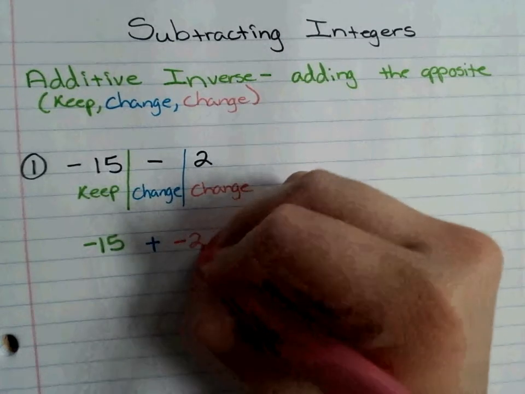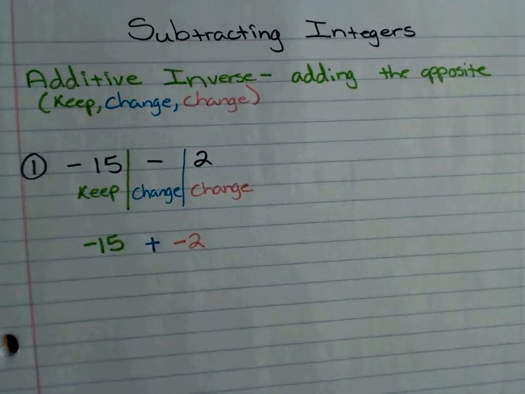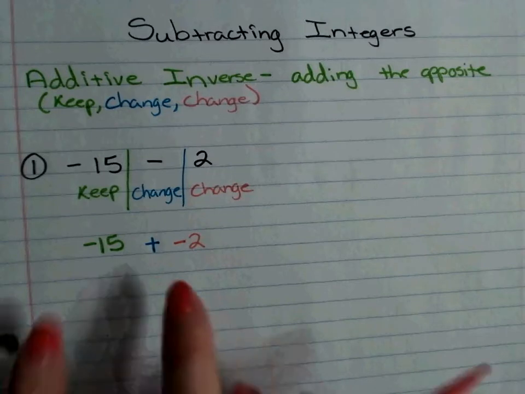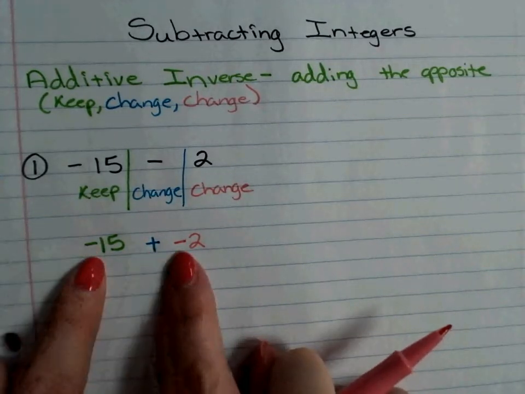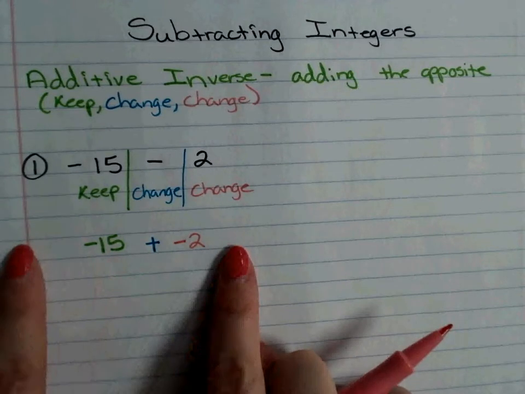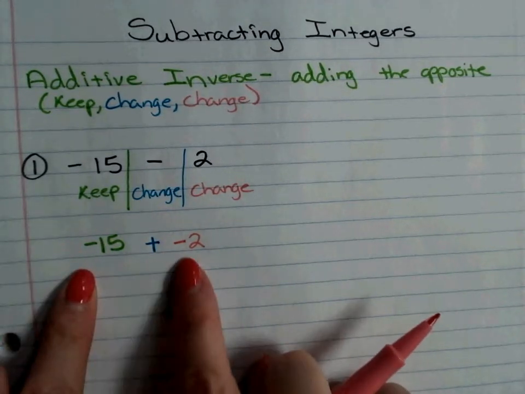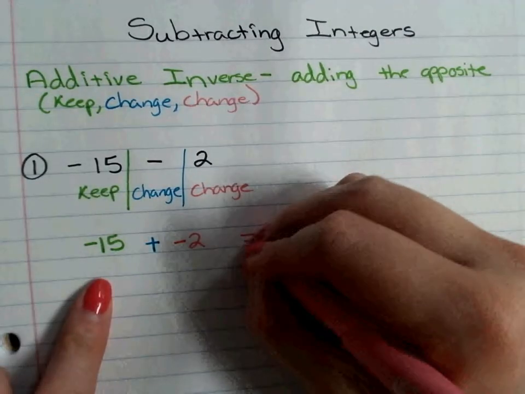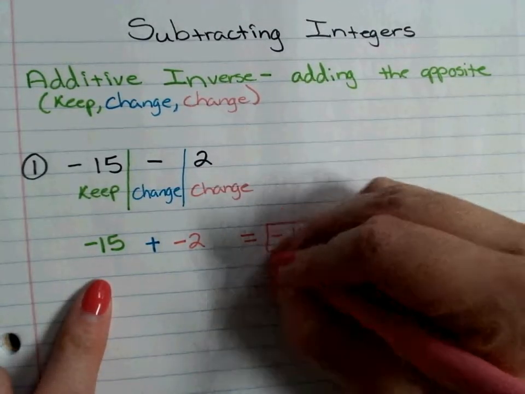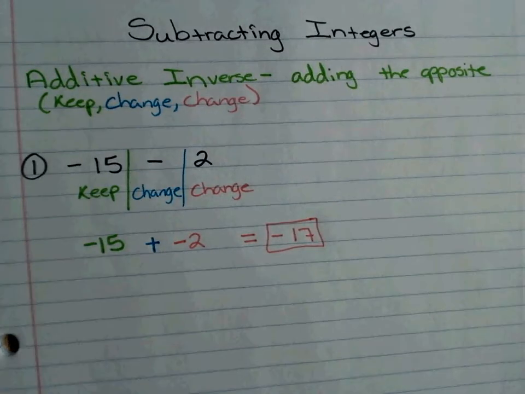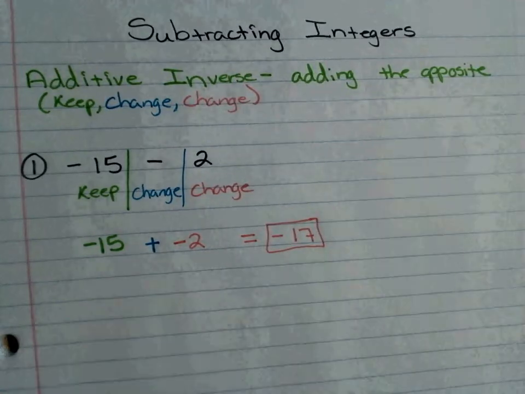So instead of it being a 2, it now becomes a negative 2. Okay, so now it's an addition of the same sign. So when they're the same sign, we just add them and keep that sign. So negative 15 plus negative 2 is going to give you a negative 17. You keep the sign as it is when it's addition.